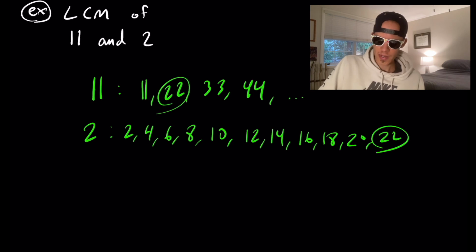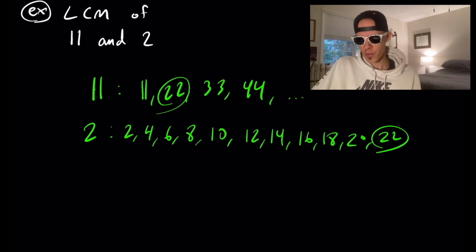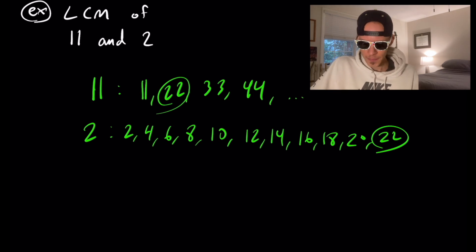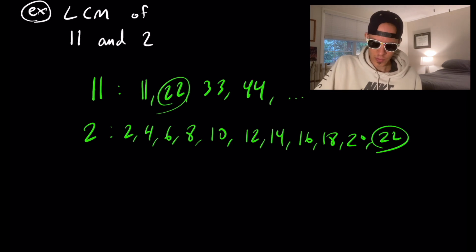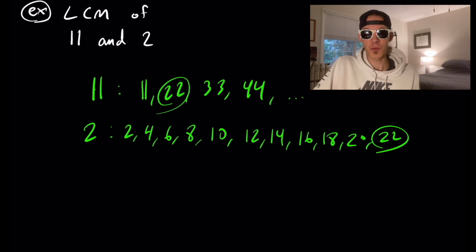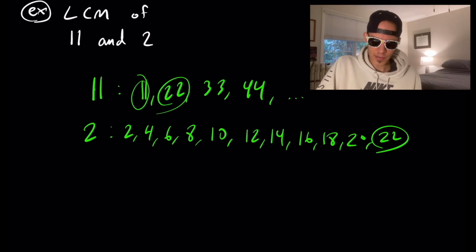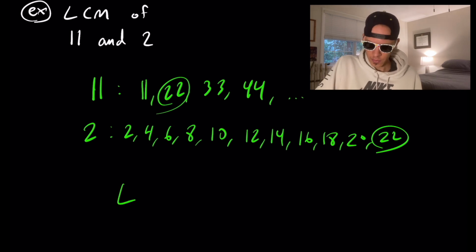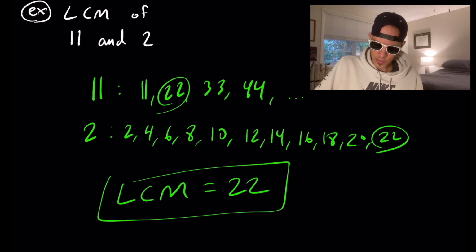I'm going to stop there because I see that 22 is a multiple of both 11 and 2. It's the smallest one. The only number that we could test to see if it would be smaller would be 11, but 11 is an odd number, and you can't count by 2 to get to 11. So our least common multiple of 11 and 2 is 22.